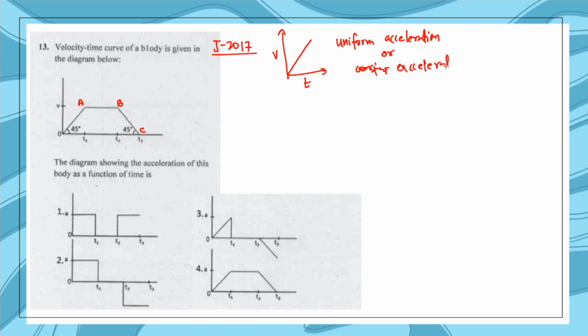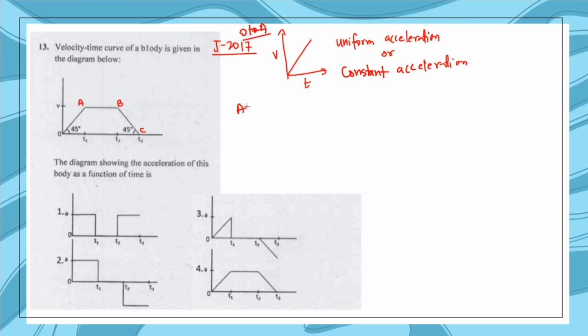As I said, the speed time graph or the velocity time graph gives you information about acceleration. So this is uniform or constant acceleration. That is from 0 to A.